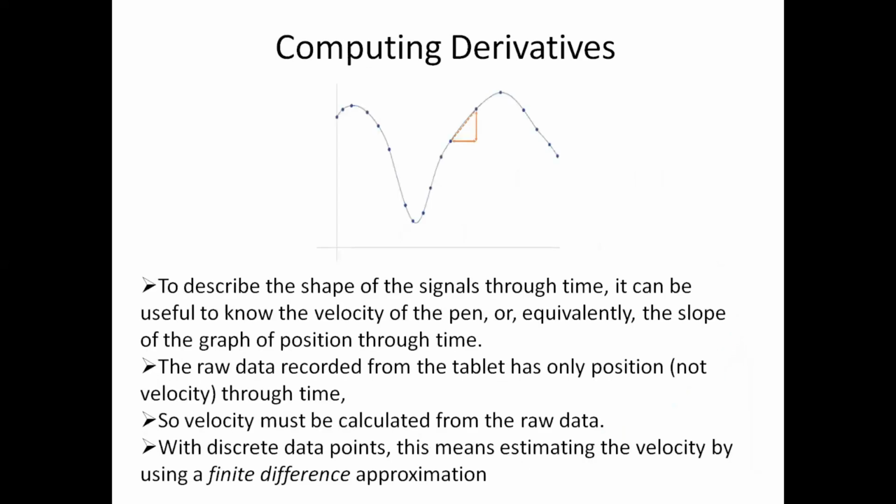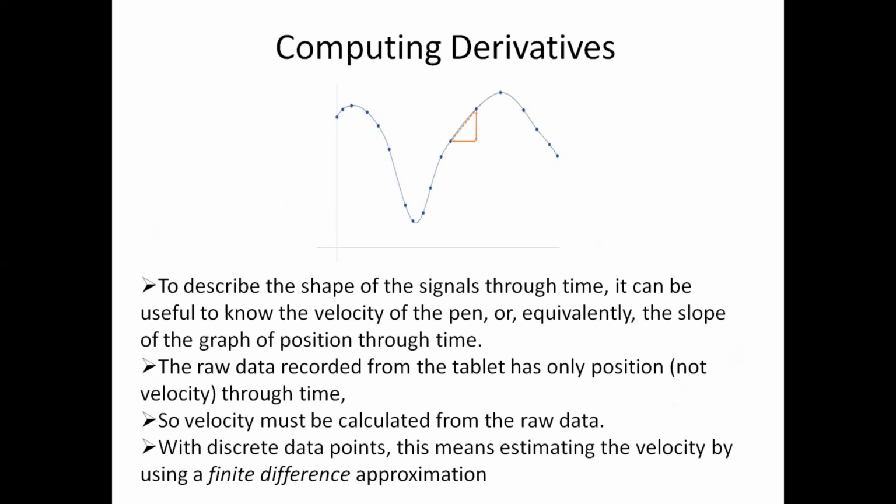The third feature that we can use is the derivatives, by computing the derivatives of the signal. As you know, depending on the different shapes of alphabets, the slope of the graph will change.